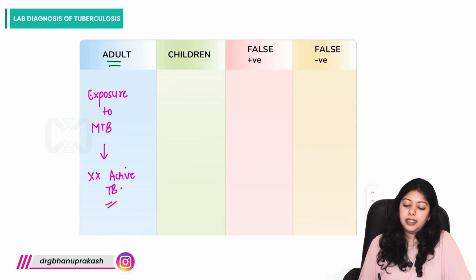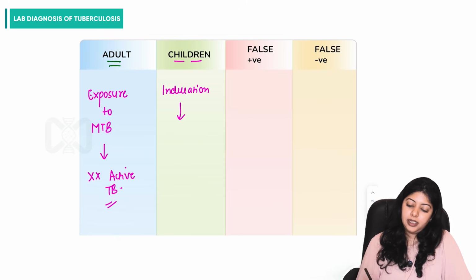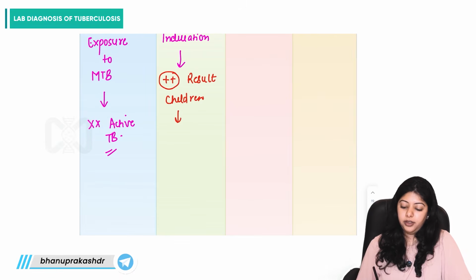Which is exactly the opposite case in children, where such induration is considered as a positive result, and this is regarded as active TB.